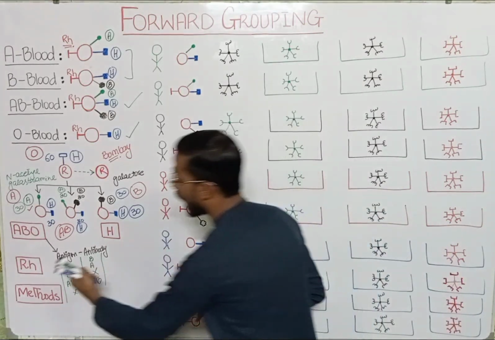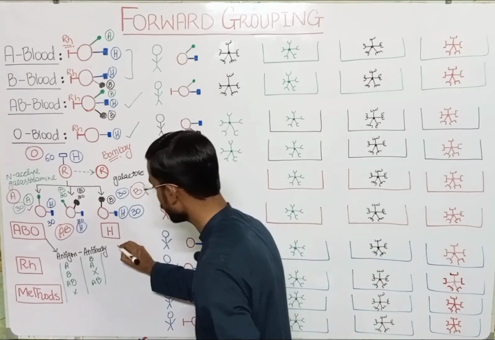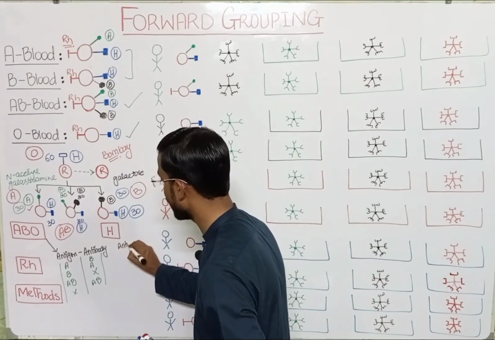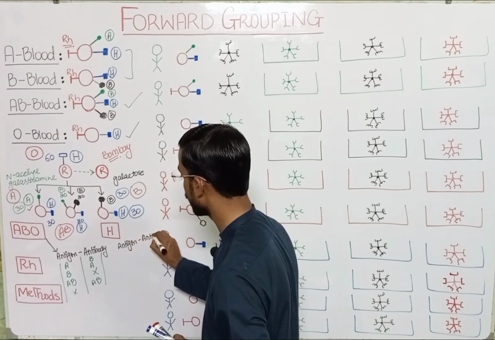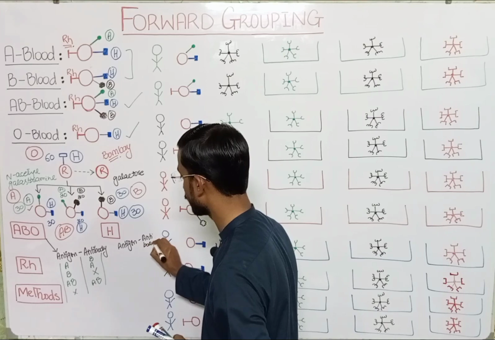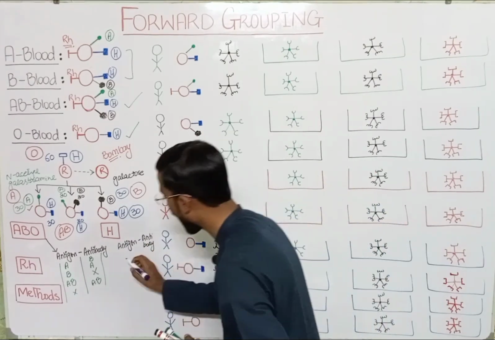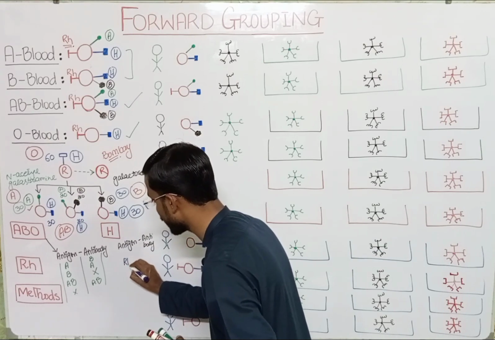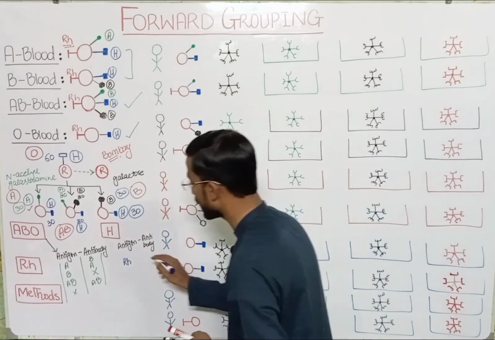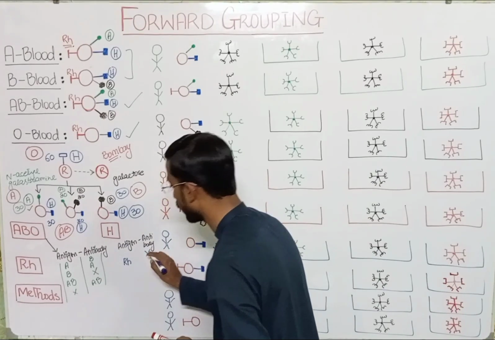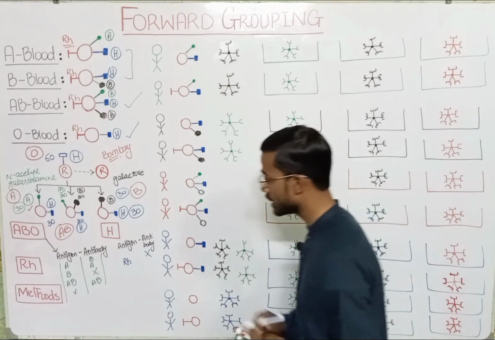But in the RH and H systems, the situation differs. In the RH system, if the RH antigen is present, then you will never see any antibody against RH.